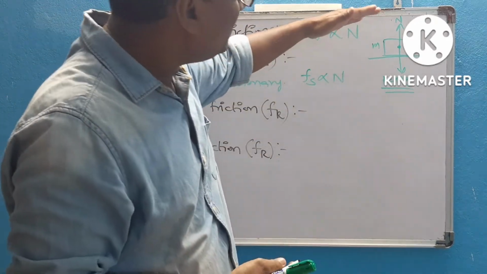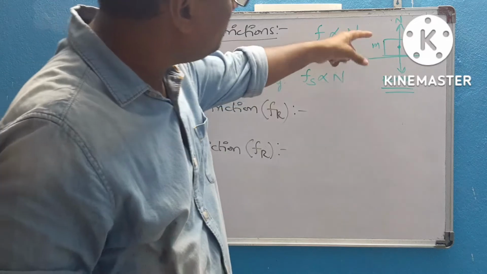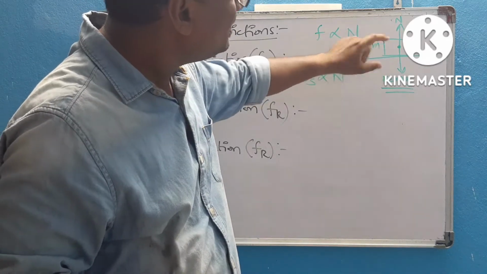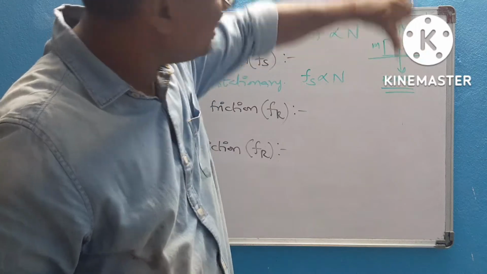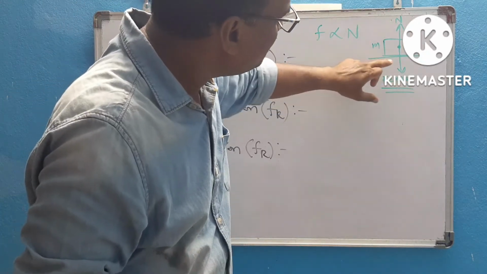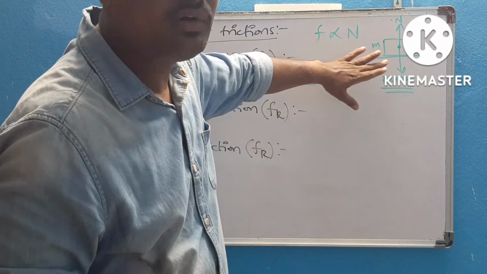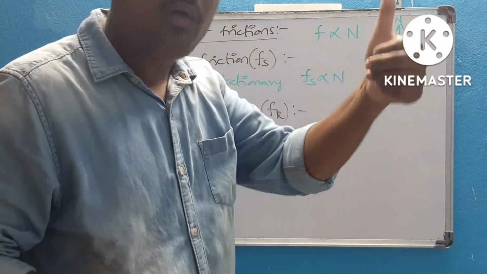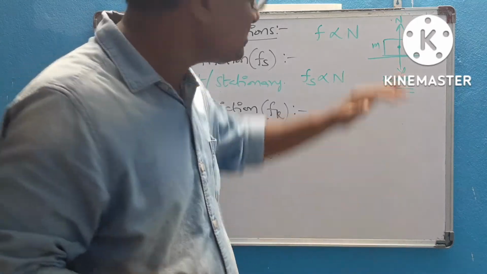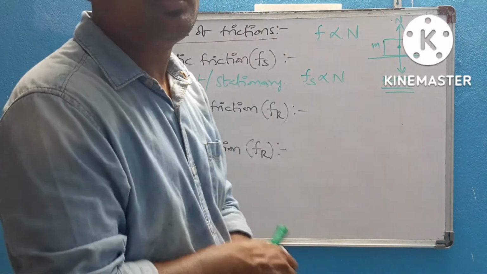So if one body is lying on another body, the upper body always acts with its total force in the downward direction, and the lower body always applies an equal and opposite normal reaction force onto the upper body in the opposite direction.